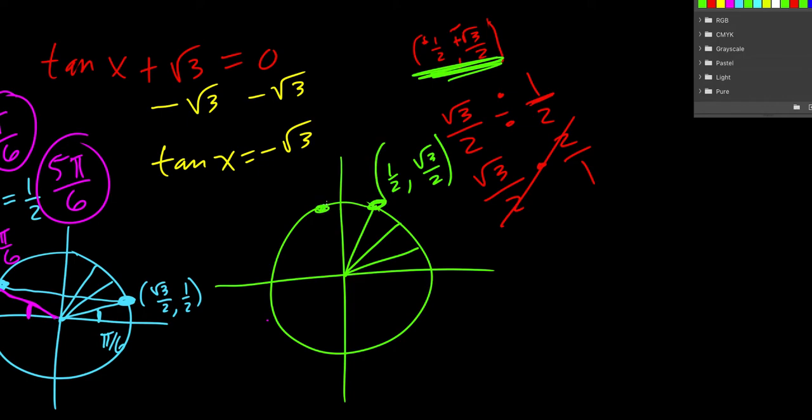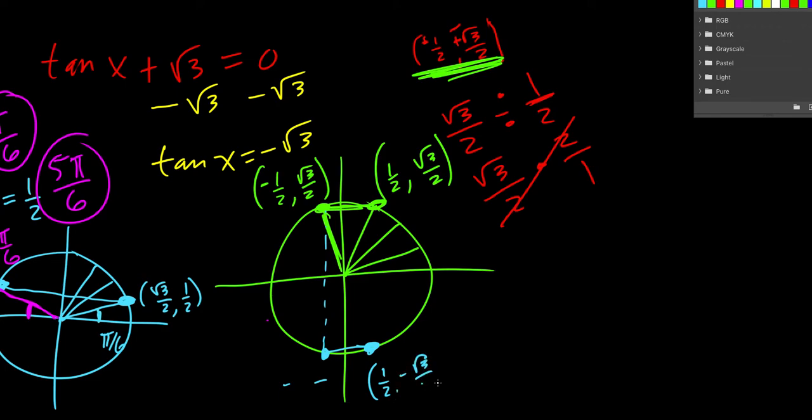Okay, if we're symmetric right there, then we're going to get negative 1/2, comma, square root of 3 halves. Okay. Then if we're symmetric here, we're going to get both negative. And then if we're symmetric here, we're going to get 1/2, comma, negative square root of 3 halves.